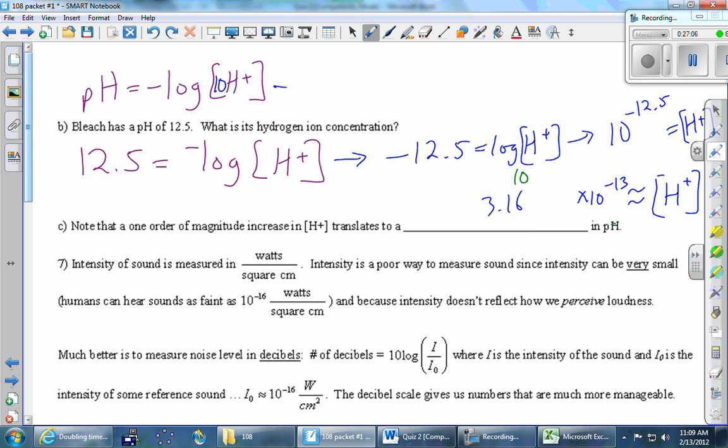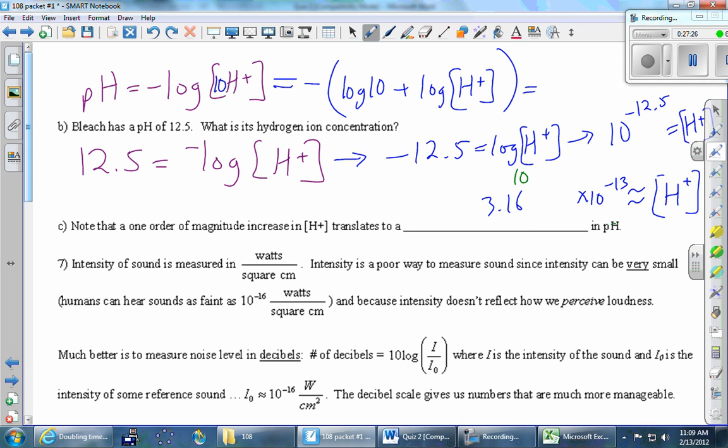Here's where we come up with some of our properties of logs. This is the log of a product, right? What can you do to separate a product? It becomes a plus. So that's the log of 10 plus the log of H plus. And how much is the log of 10?